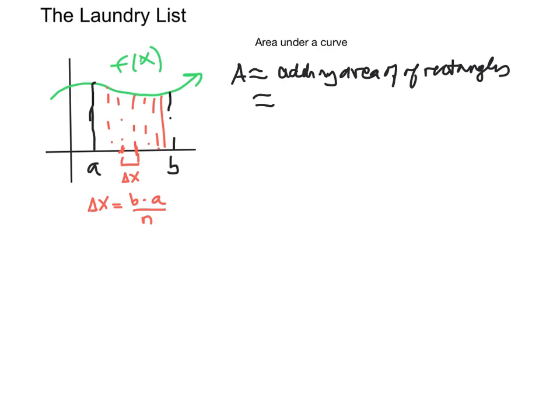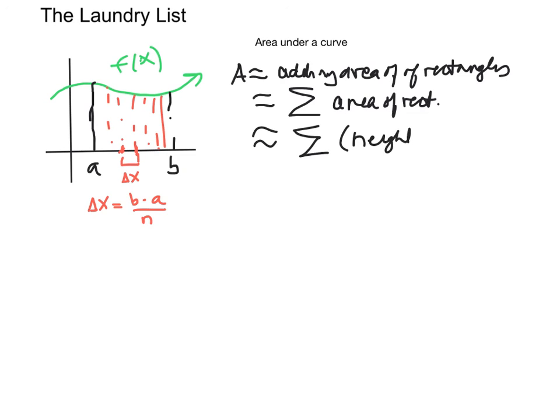Okay, and another notation that we used to add was this symbol that says the same thing, add up the area of the rectangles. Okay, still approximately. The area of a rectangle is made up of its height times its width.